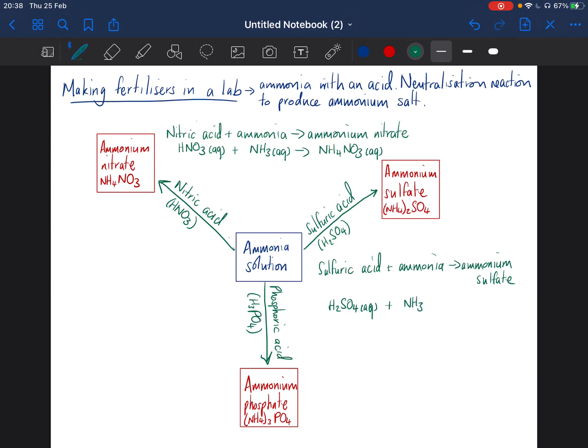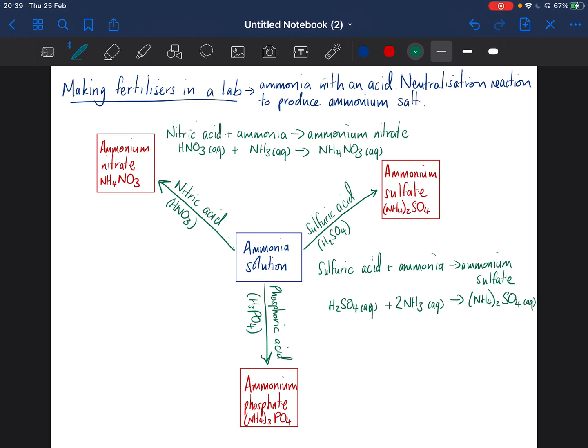Here is our ammonia AQ, and then that's going to become NH4 in brackets 2 SO4, and because we've got two of those, I'm going to have to put a 2 in front here, and I'll put my AQ on the end here as well. So that's a balanced symbol equation for the reaction to produce ammonium sulfate, and the word equation for the reaction as well.